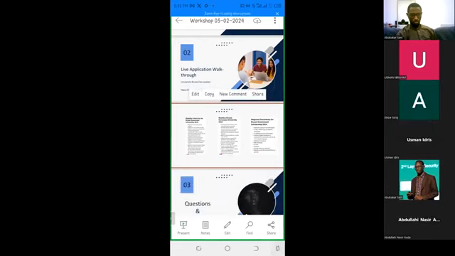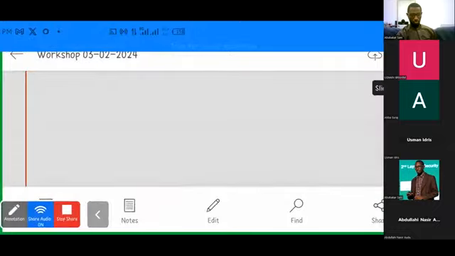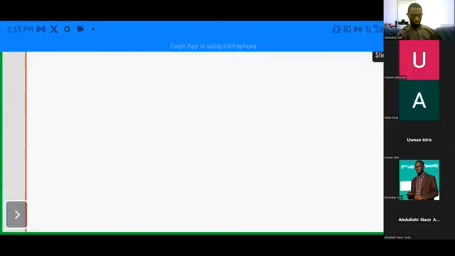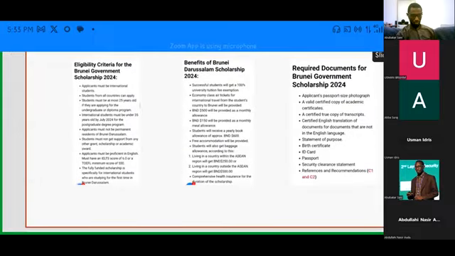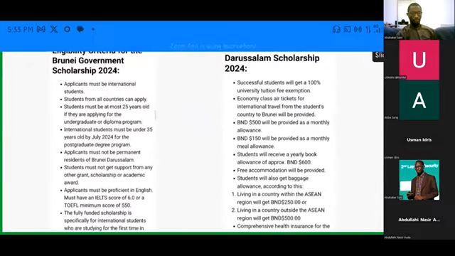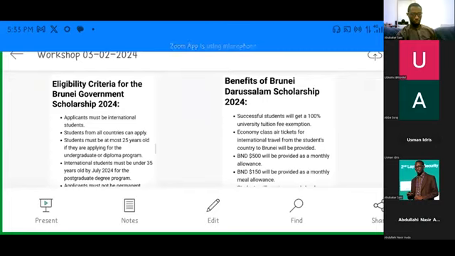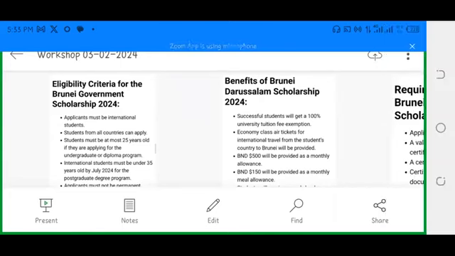Just like I've said earlier on, these are the eligibility criteria. I don't know whether you can see my screen. Eligibility criteria is what you need to be or what you need to have before you can be considered.